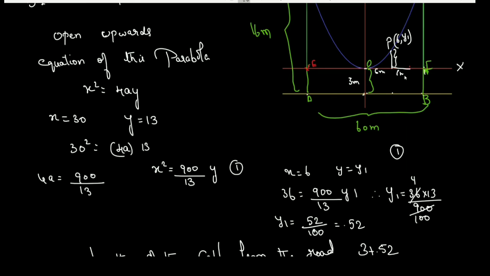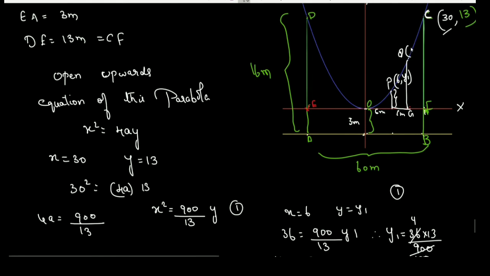So this is 6 meters. We are drawing one vertical line here. Suppose we name this point G. So OG is 12, and OG will be the x coordinate of the point Q. So the x coordinate will be 12. The y coordinate we have to find out, so we'll put it as y2.